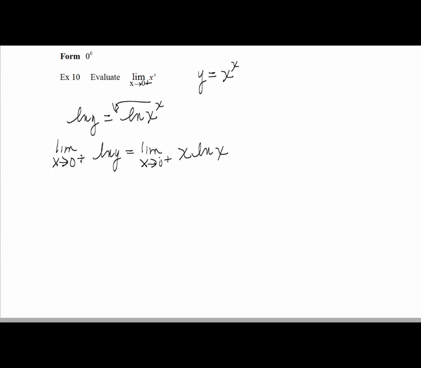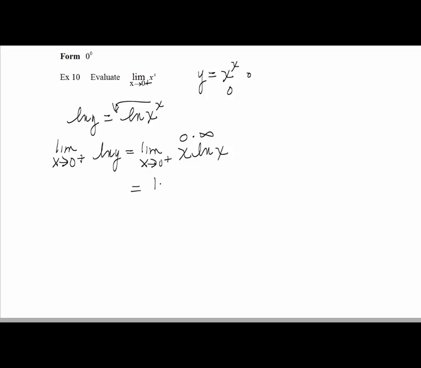Now I was in the form 0 to the 0, and I now have myself in the form of 0 times infinity. And this is a prior limit that we've already taken, but let's do the work out again. When you're in the form of 0 times infinity, your job is to rewrite one of the factors as its reciprocal in the denominator.